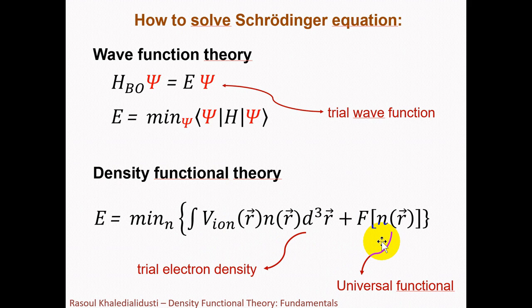The Hohenberg-Kohn theorem, which is the heart of DFT, shows that this F, this universal function of the electron density, exists, but it doesn't say anything about what this function looks like. So that makes it particularly difficult to solve the relevant equations.